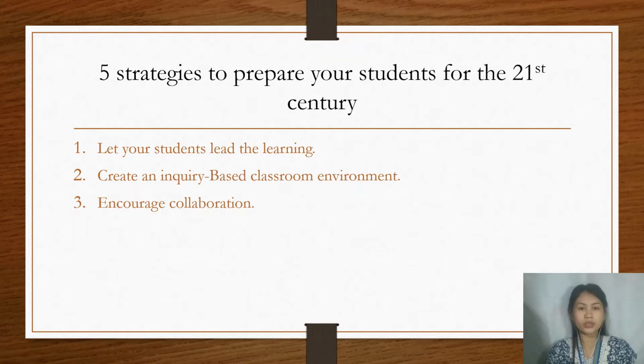We are letting our students form groupings to share thoughts, ideas, and brainstorm with each other.